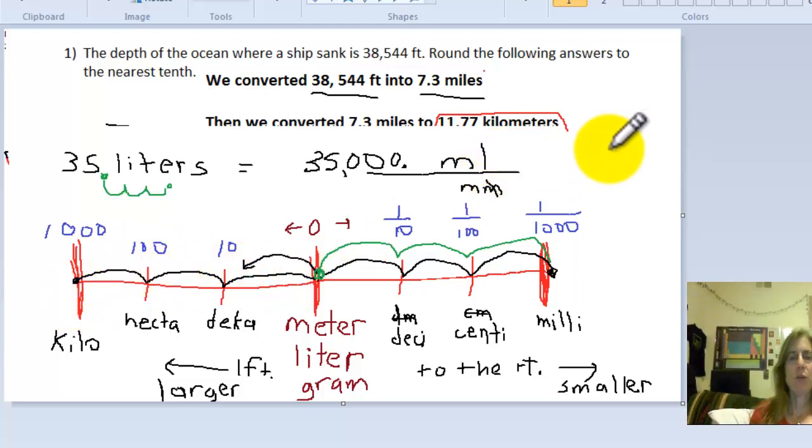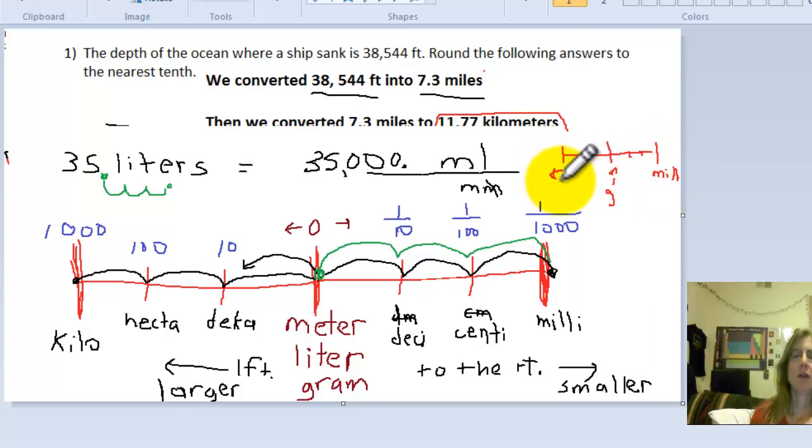And remember, the way I set it up really quickly is you could draw this on your test: take a line, 3 big things, 2 little things. You know this is the center, so meters or liters or grams, and this is always milli.